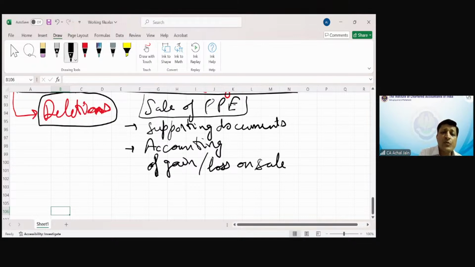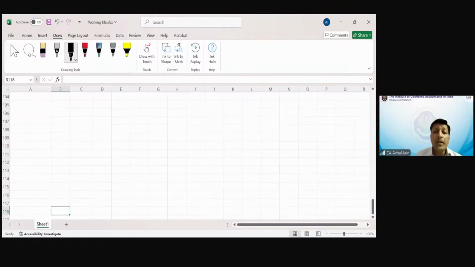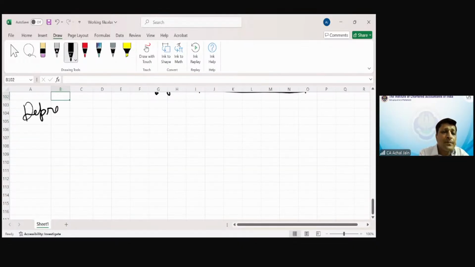Yeah. Now, further, when it comes to PPE, another important area will be depreciation. Yes or no? Yeah. So this depreciation will have to be recomputed.